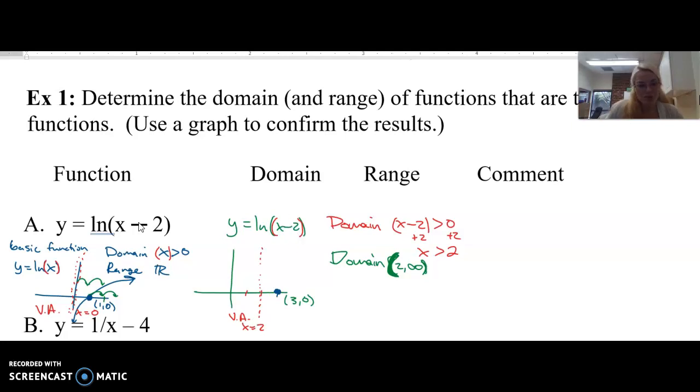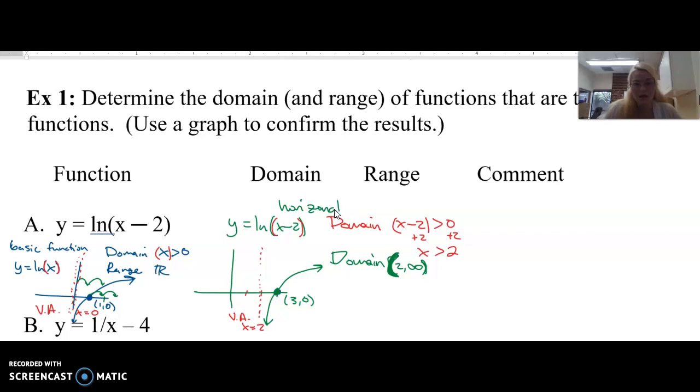When you subtract 2 from x inside your basic function, you are shifting your whole graph 2 to the right. And so this function is now going to look like this. That's the graph of my function. So my domain has changed with a horizontal shift.